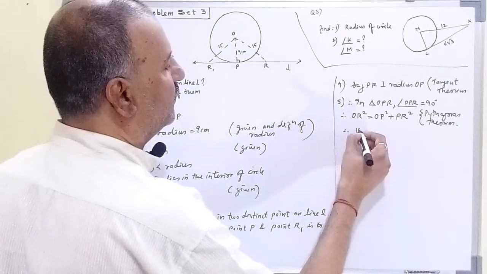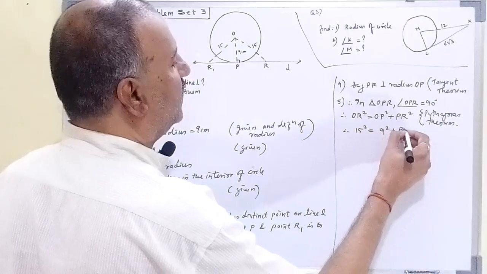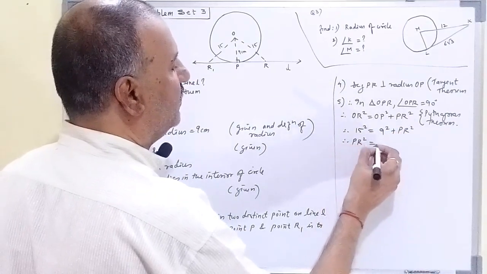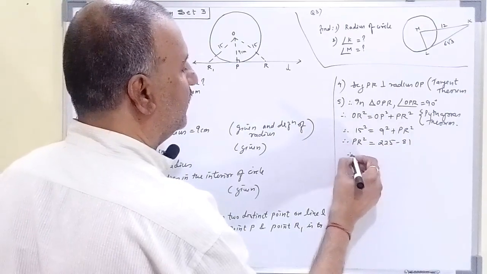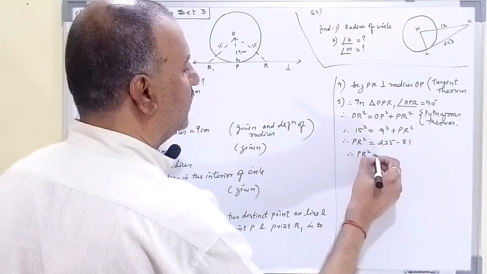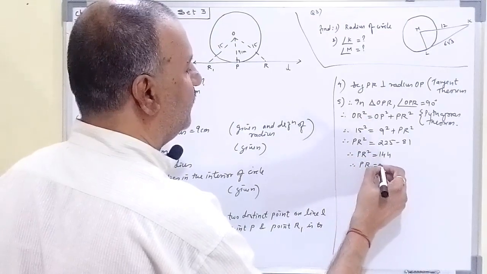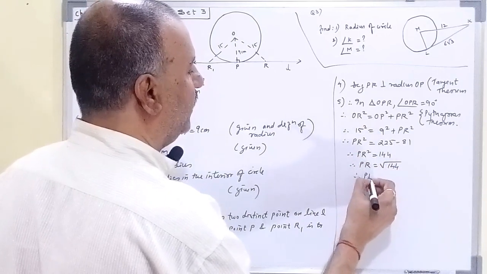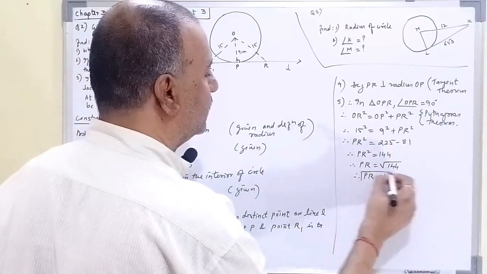OR is 15, OP is 9. 15 square plus... PR square equal to 15 square which is 225 minus 81. Therefore, PR square equal to 144. Therefore, PR will be square root of 144. Therefore, PR equal to 12 centimeters.